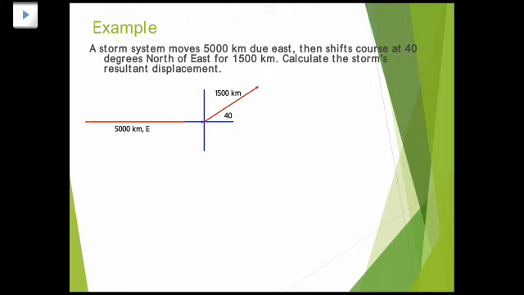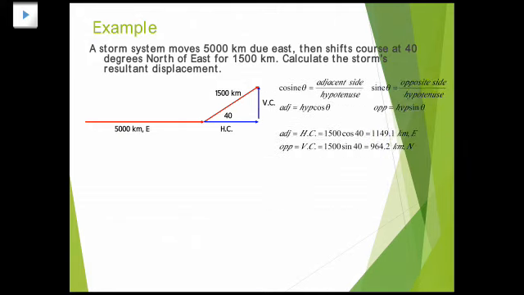So, the horizontal component, then the vertical component. To get the horizontal component, we have the given angle and the hypotenuse, so we use cosine, because cosine is adjacent over hypotenuse.